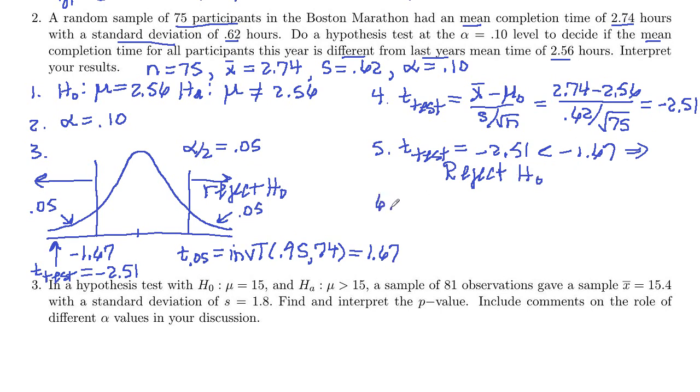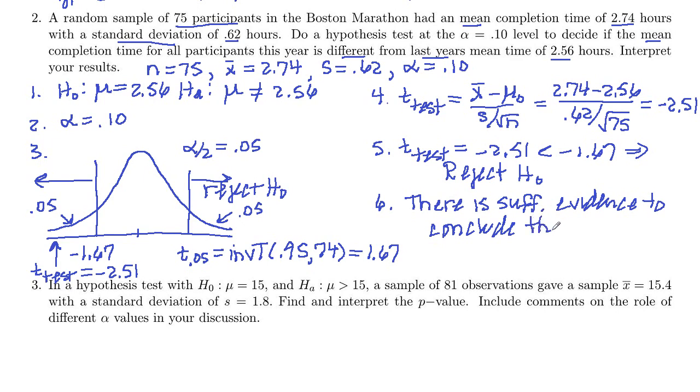And then step 6 is to interpret our conclusion. So this always refers to the alternative hypothesis. Either there is or there is not sufficient evidence. So here we rejected H0, so there is sufficient evidence to conclude that the mean time is different.